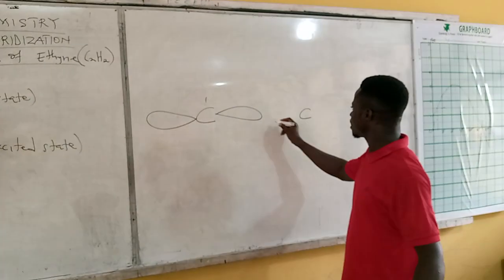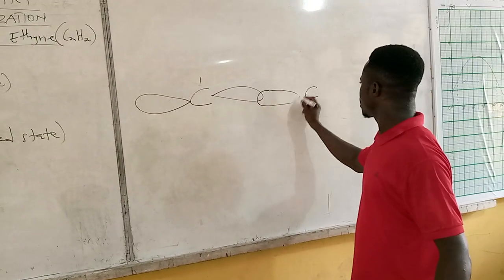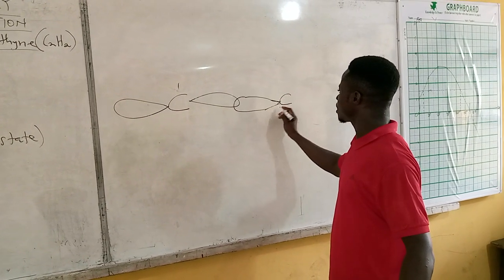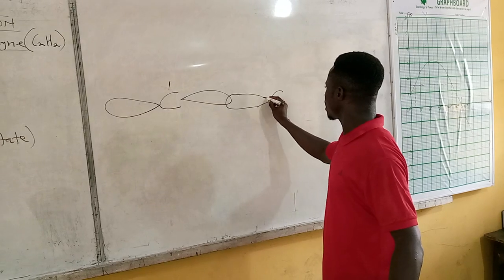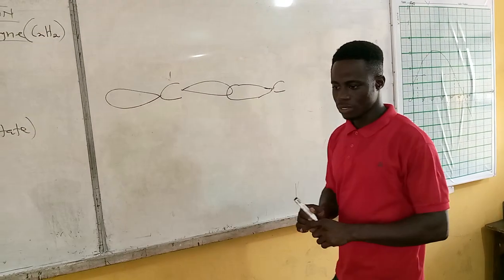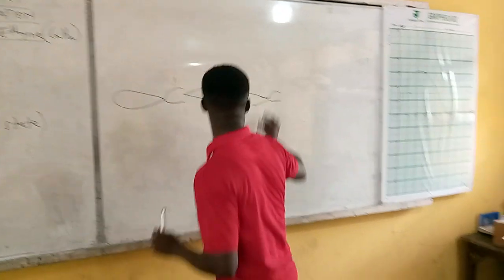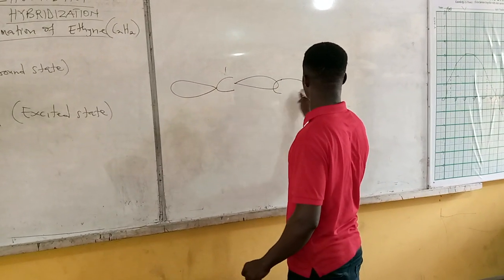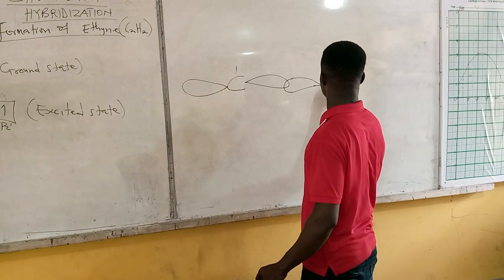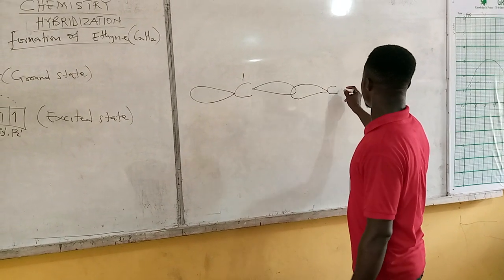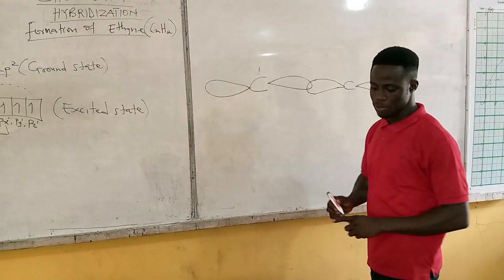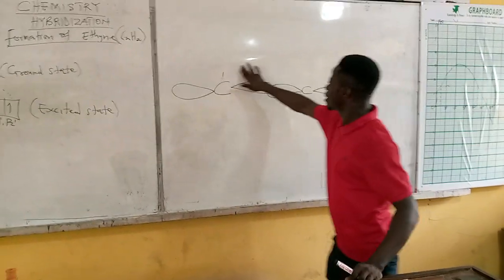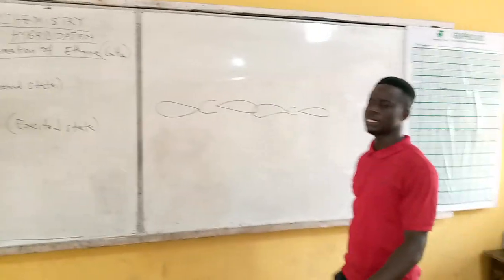So this is my carbon, then there's another hybrid orbital. Now, if you check this clearly, you realize that this is forming something linear, like a straight line.